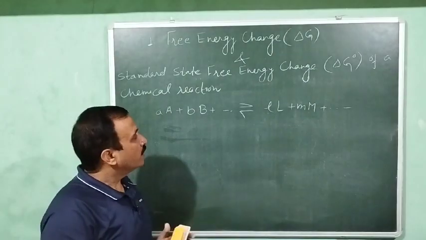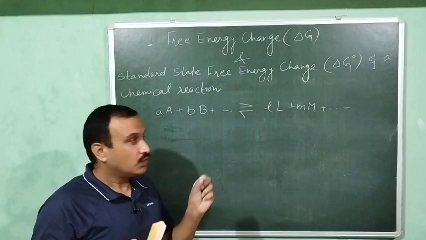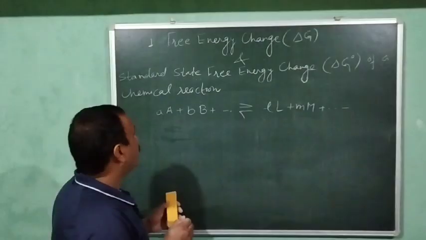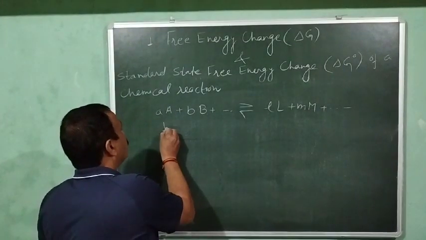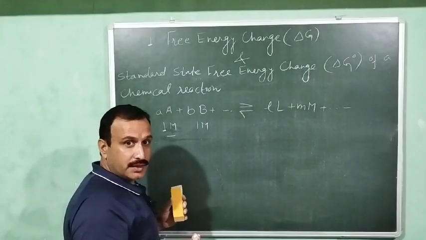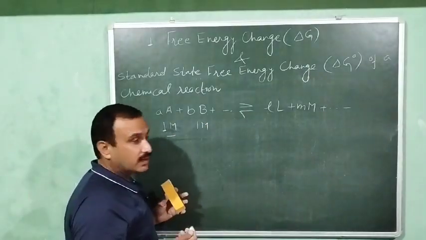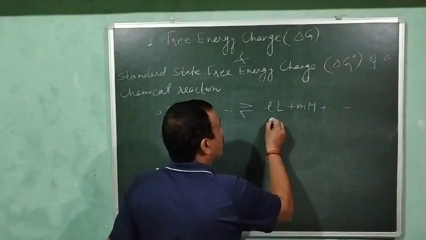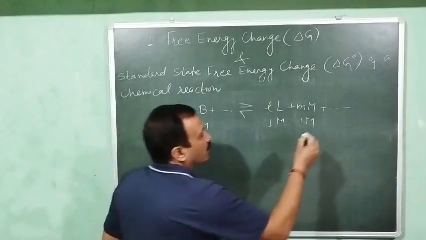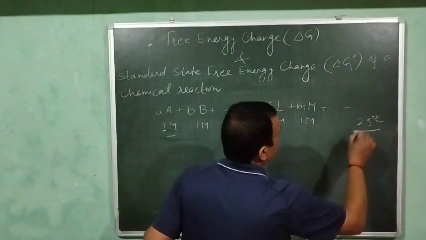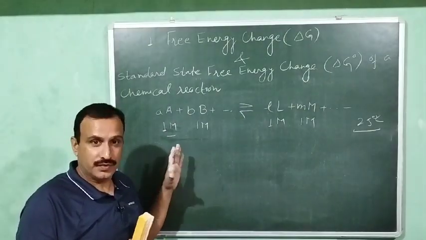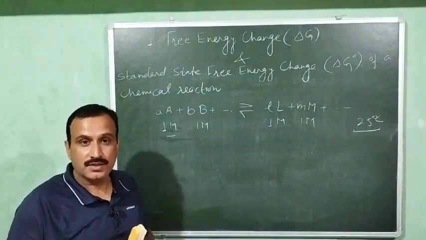The free energy change of this reaction will be called standard state free energy change when the concentration of your reactants, that is A and B, is 1 mole per liter, and when the reaction has occurred the concentration of the products is also 1 mole per liter, and temperature is 25 degree Celsius.